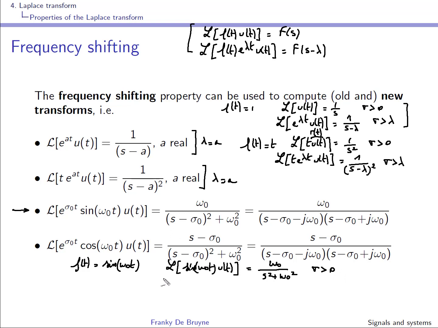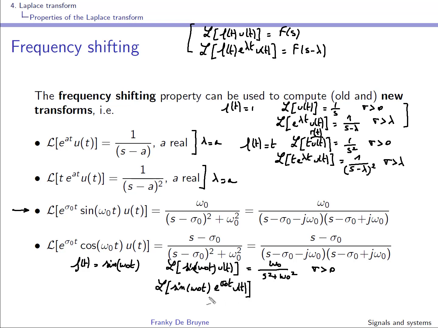We can apply now the property. We take this same sine and rewrite e to the sigma 0 t u of t.